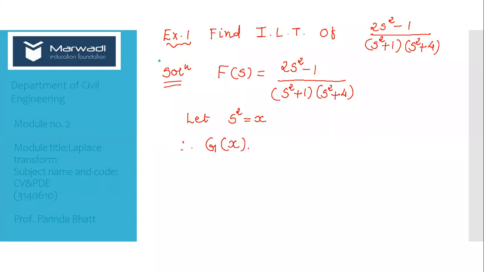We generate the new function G of x: (2x minus 1) divided by (x plus 1)(x plus 4). When the same term is there in the numerator and the denominator, then we can assume it. If here is s and here is s square, then we can't assume it. Now, this one we can write using the partial fraction.